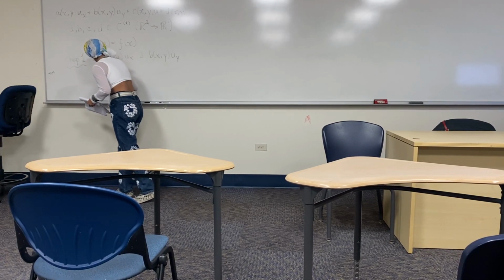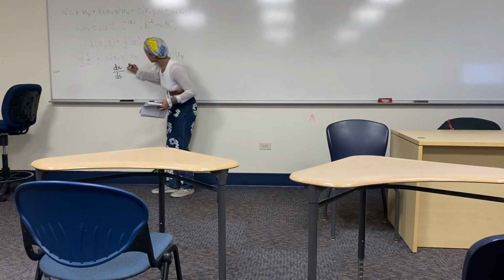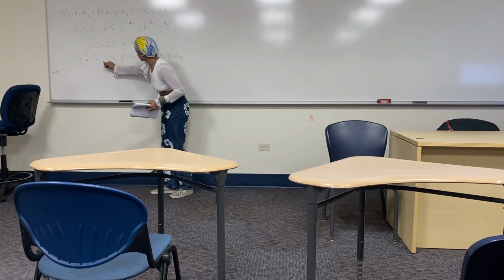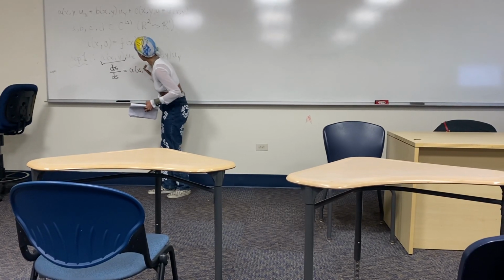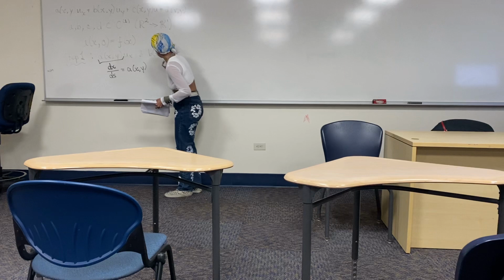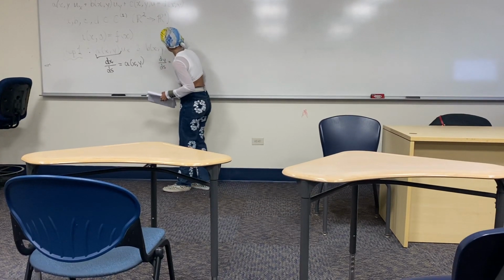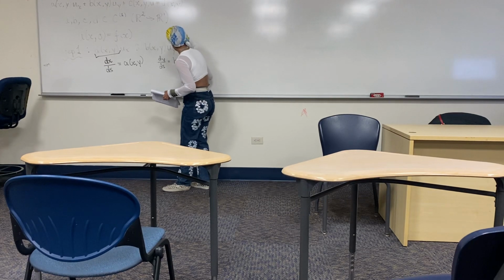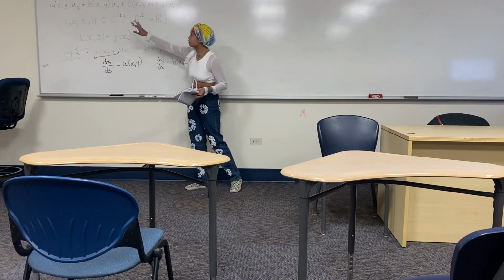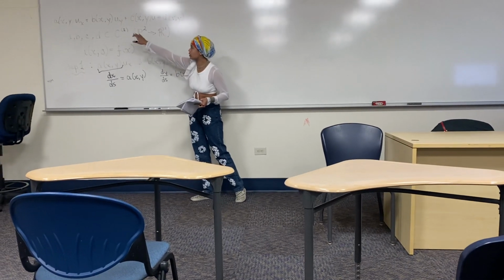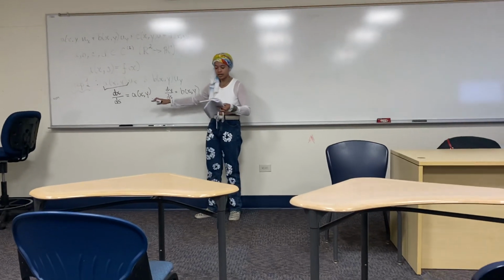That's much better. So the derivative of x with respect to s equals this part, which is just a(x,y), and our derivative of y with respect to s equals b(x,y). So now we have a system of ODEs, and all we did, we just took those partial derivatives and parameterized them with respect to s.